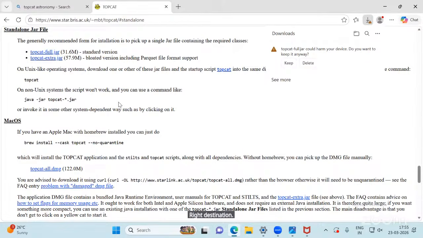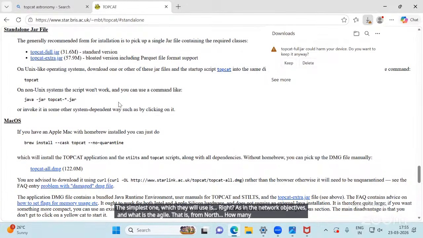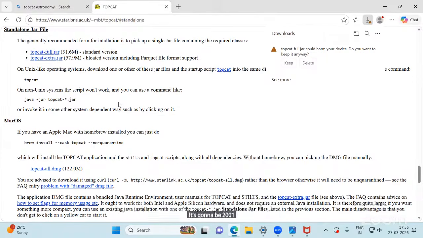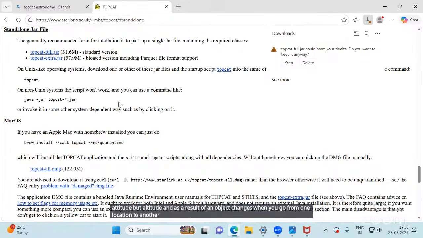The simplest one which people use is altitude and azimuth. At what altitude an object is and what is the azimuthal angle, that is, from north how many degrees. If you have an object, you drop it on the horizon, from the pole star to the horizon, so you give the azimuth, and how much above gives you the altitude. But altitude and azimuth of an object change when you go from one location to another because the Earth is round.